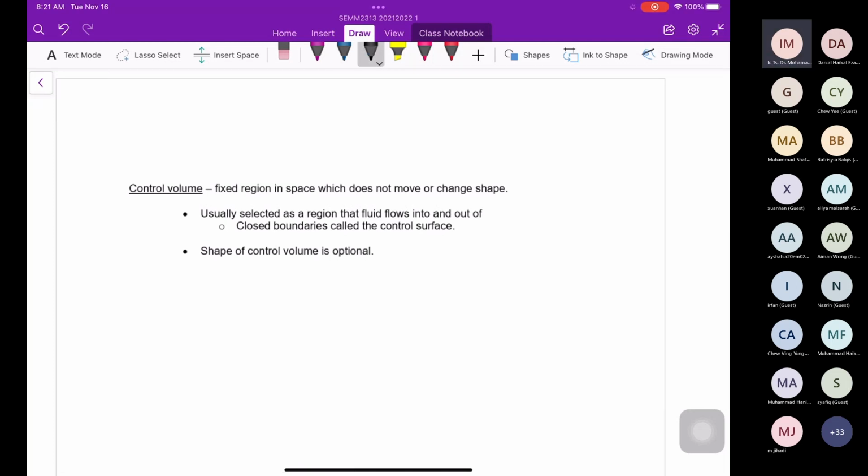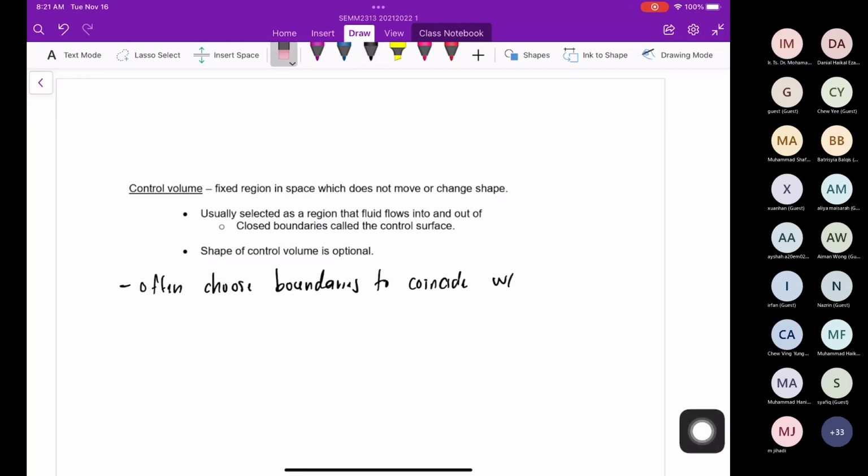So this is often chosen with the boundary to coincide with some solid or natural flow boundary.